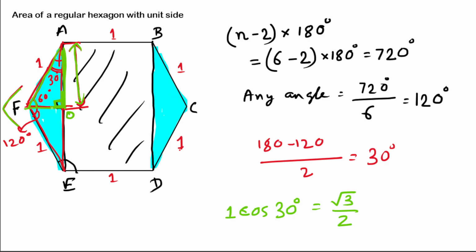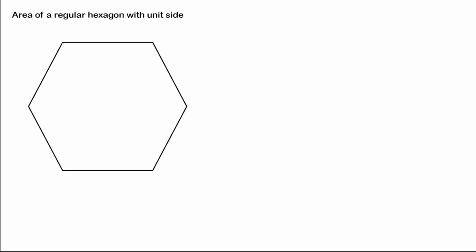Now what about this perpendicular that we are dropping? That is going to be 1 sin 30, which is going to be half. Now that we have it, let us draw this. We know this is half and this particular length is root 3 by 2, and this is a perpendicular.